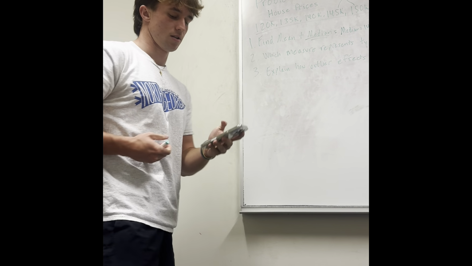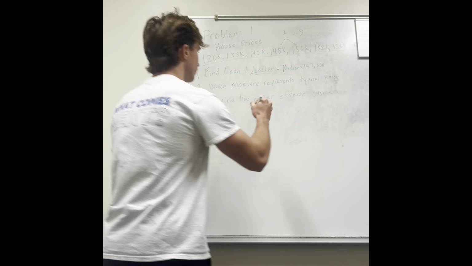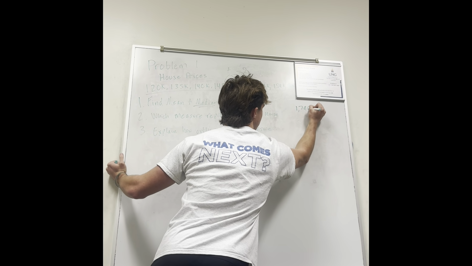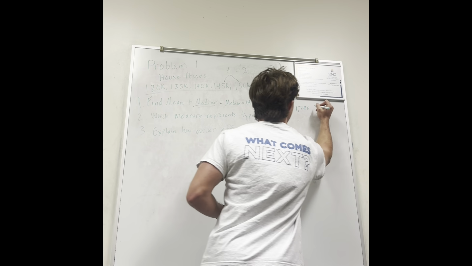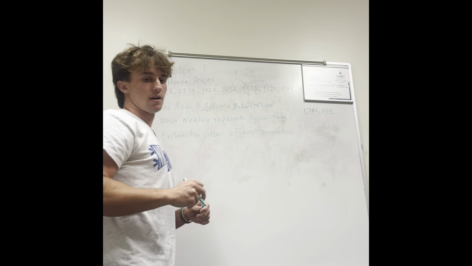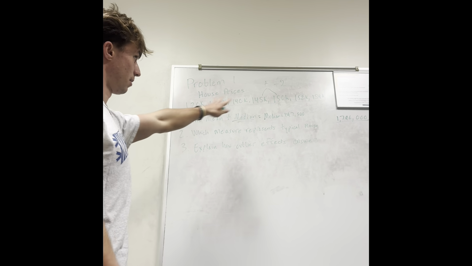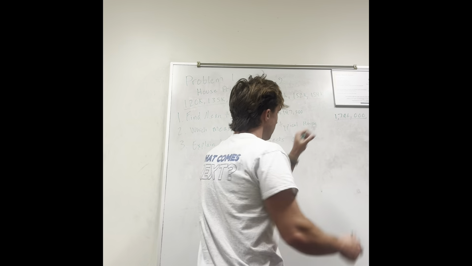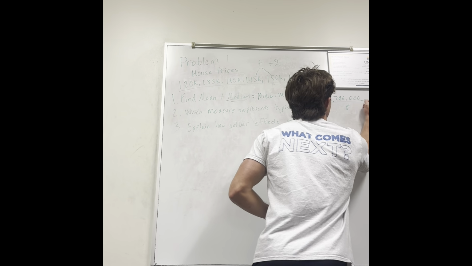That's gonna get me 1,796,000. Okay. As I said for mean, I'm going to divide that by how many numbers we have. So again, 1, 2, 3, 4, 5, 6, 7, 8. So divide that by 8.